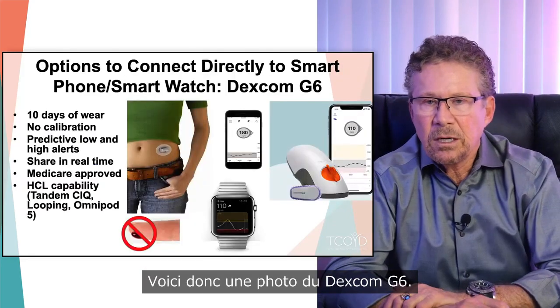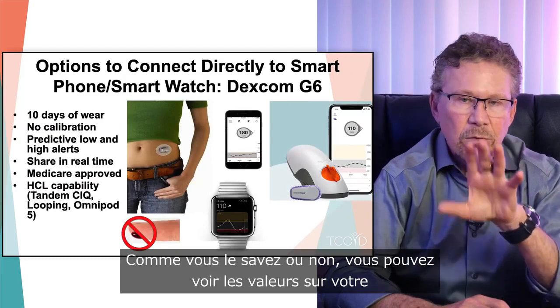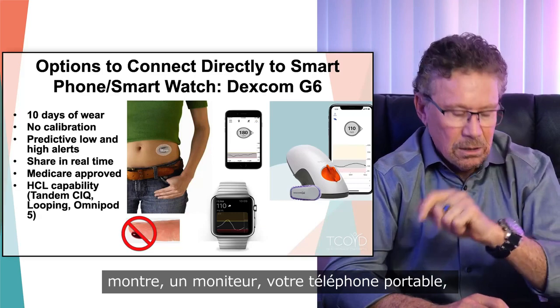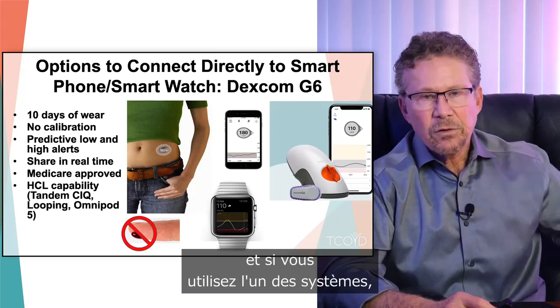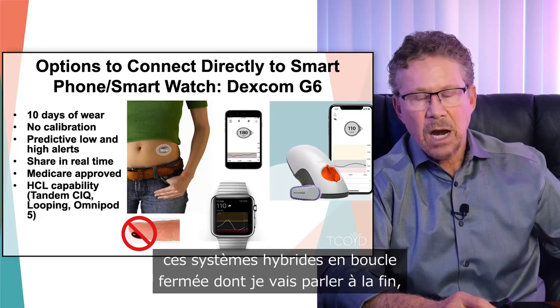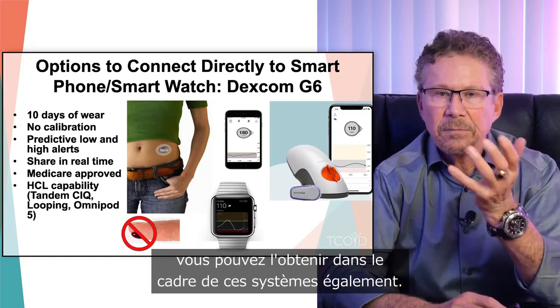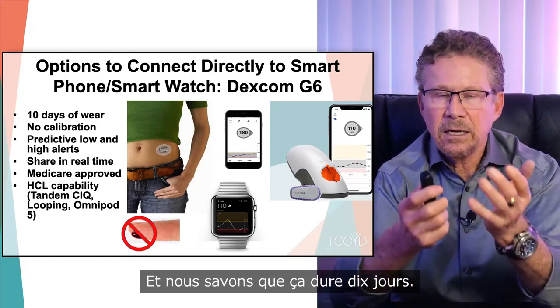So here's a picture of the Dexcom G6. As you know, or you don't know, you can get the numbers right on your watch, a monitor, your cell phone, and if you're using one of these hybrid closed loop systems that I'm going to talk about at the very end, you can get it as part of those systems as well. And we know it lasts 10 days.